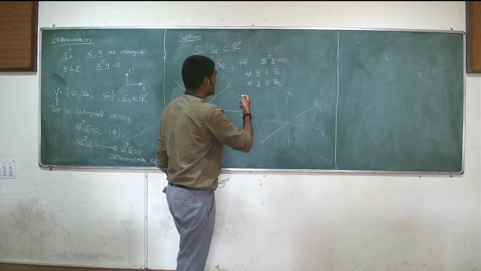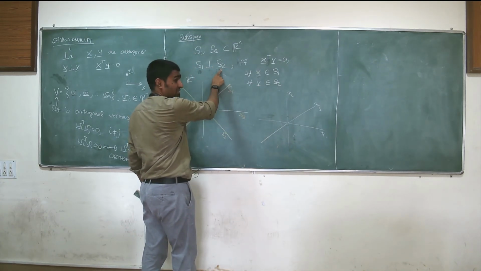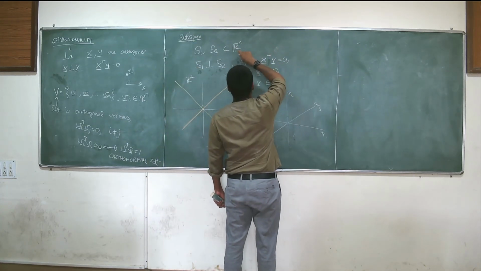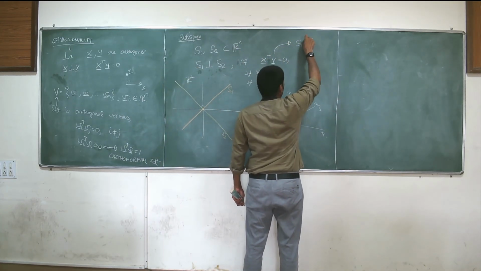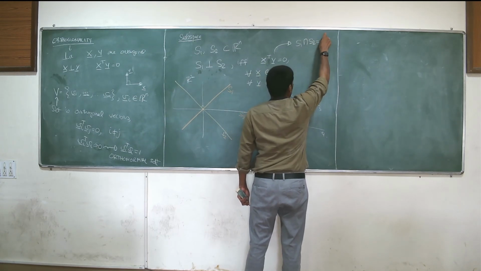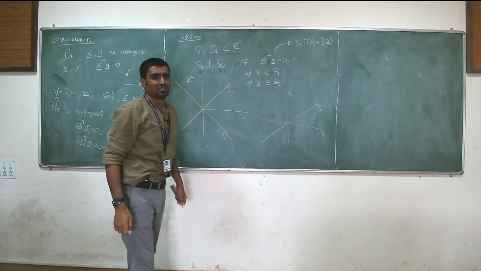One thing you'll notice is, if two subspaces are orthogonal to each other, an implication is that S1 intersection S2 should only have the zero element.